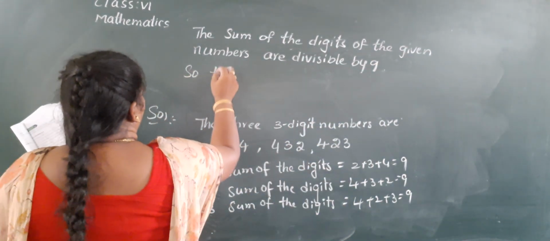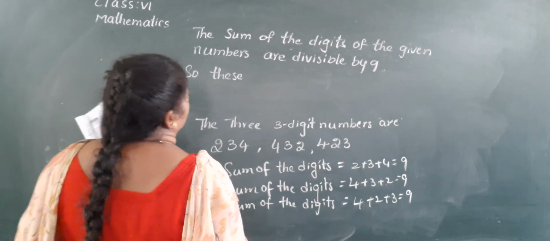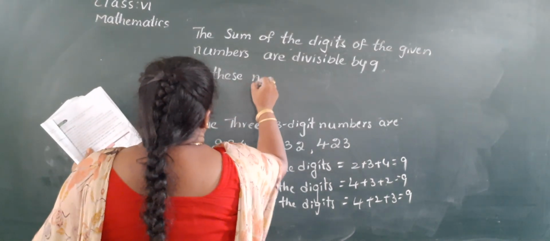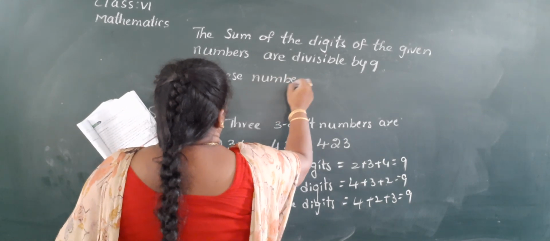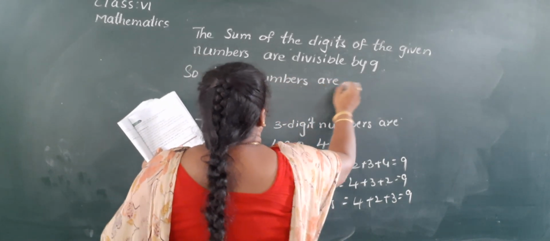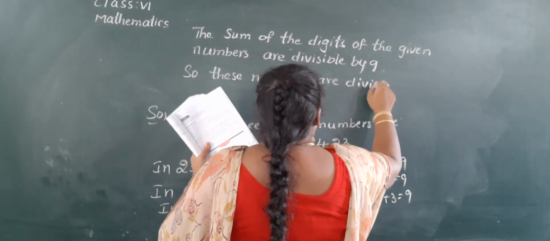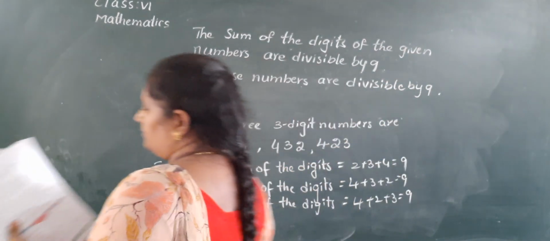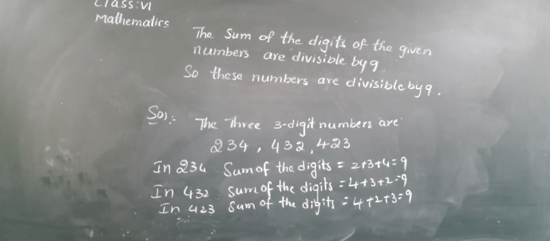So, these numbers are divisible by 9. Finish. Note down in your classwork.